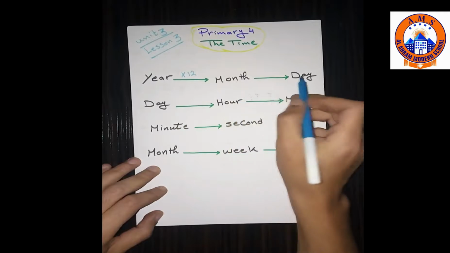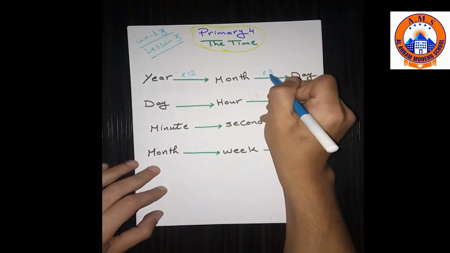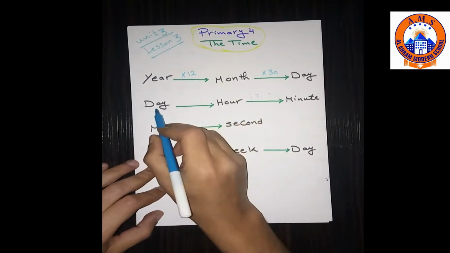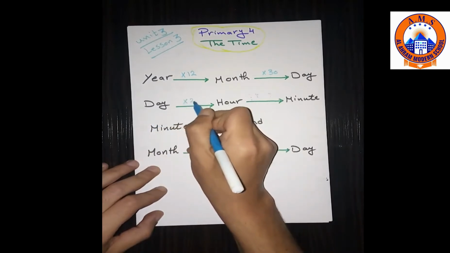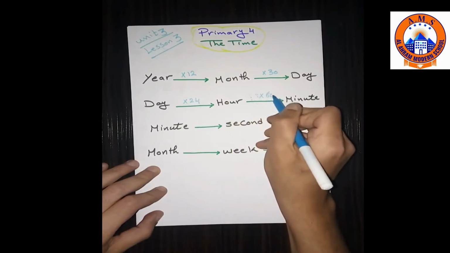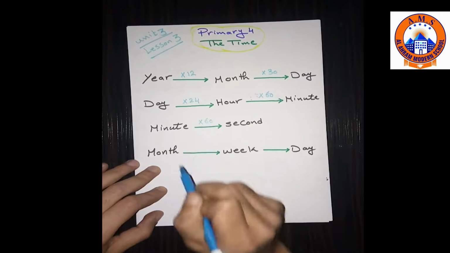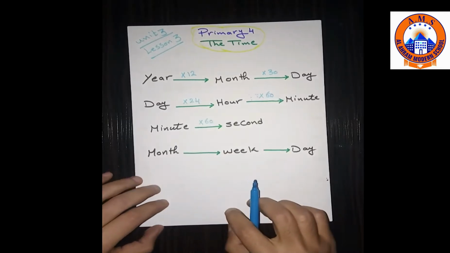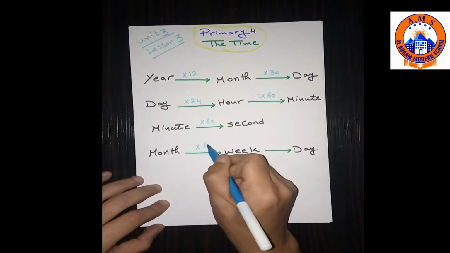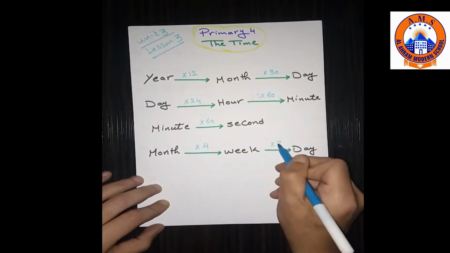Changing from months to days, a month is approximately equal to about 30 days, and from day into hour, the day contains 24 hours, and the hour contains 60 minutes, and each minute contains 60 seconds. Another important conversion is that the month contains about 4 weeks, and each week contains 7 days.